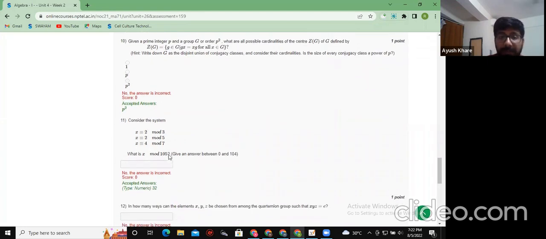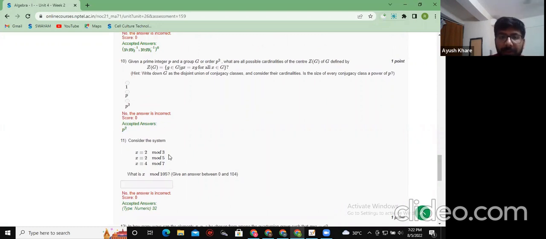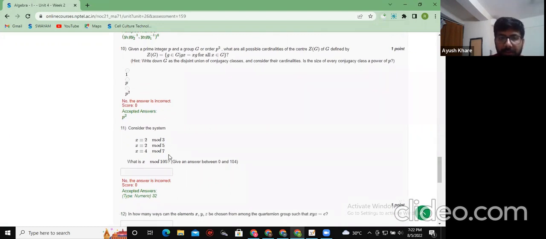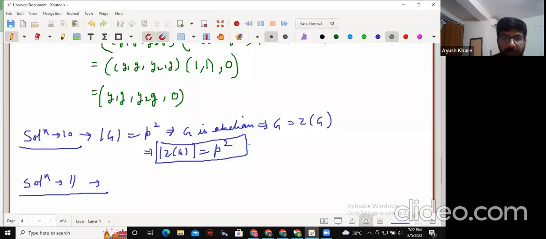And you can check whether there are more solutions to it or not. Between 0 and 104, I can tell you there won't be any other solution. So just use the Chinese remainder theorem, and the answer is 32.